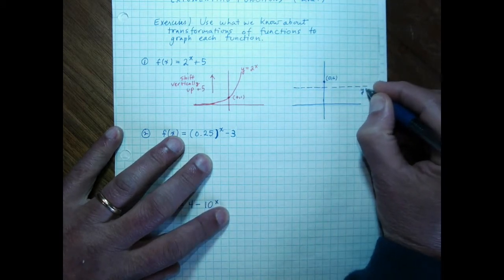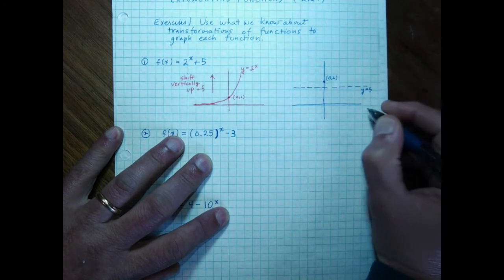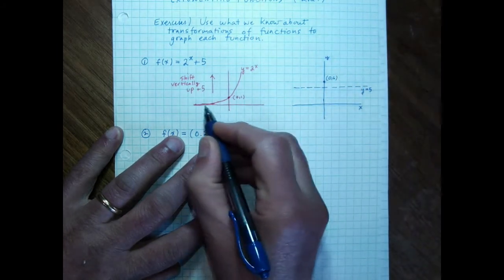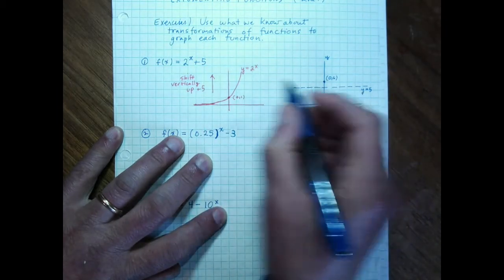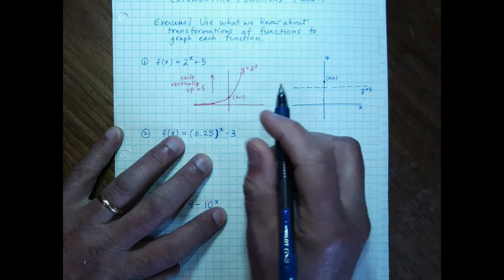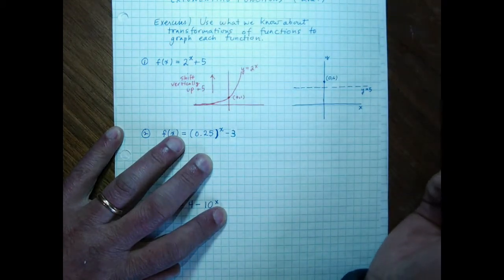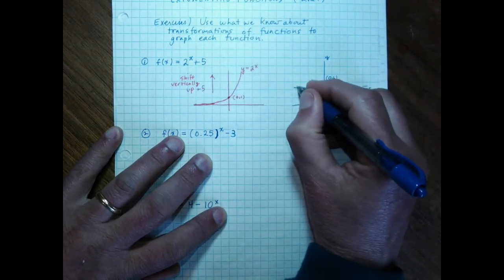That's y equals 5. That's the new position of the horizontal asymptote for this function. While the graph shifts up 5 units, the horizontal asymptote also has to be shifted up 5 units.